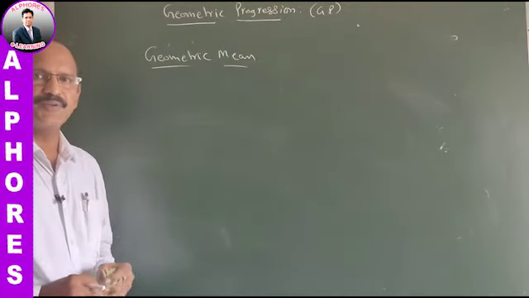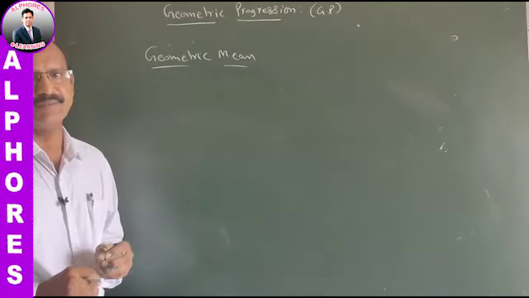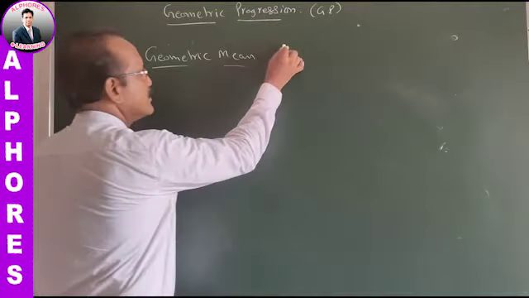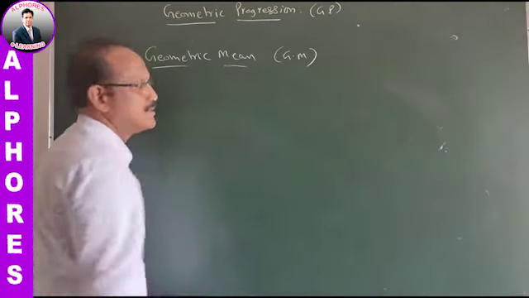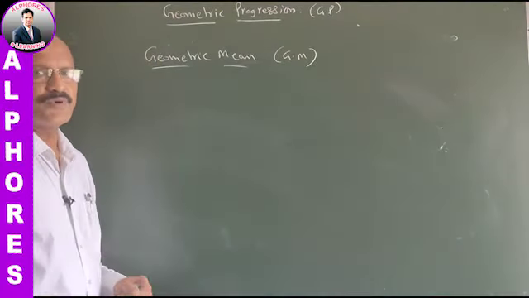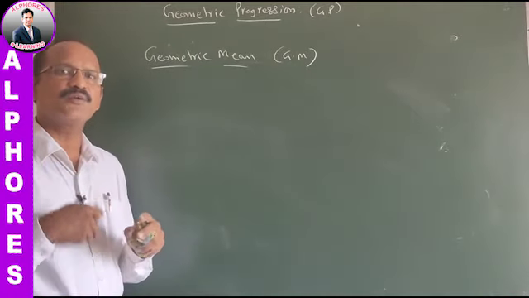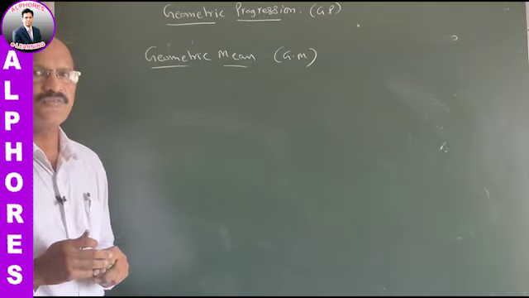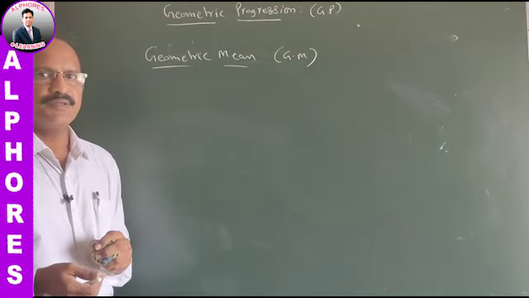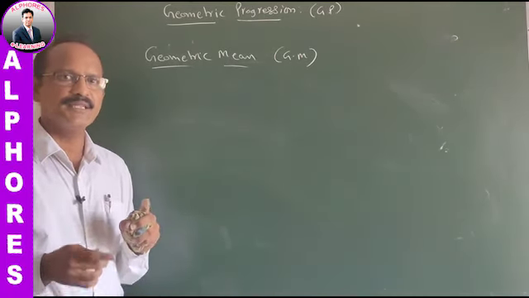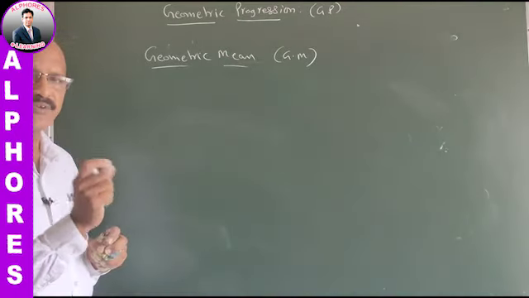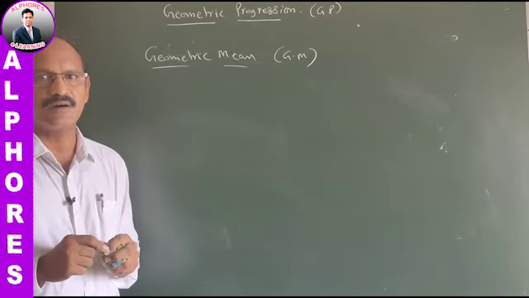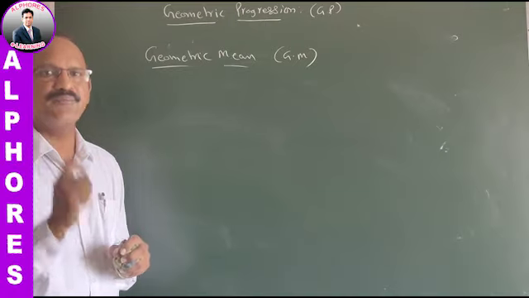Next, coming to the point, geometric mean, shortly GM. Suppose 3 or more terms form a GP, then the terms lying between the first and the last are called geometric means.